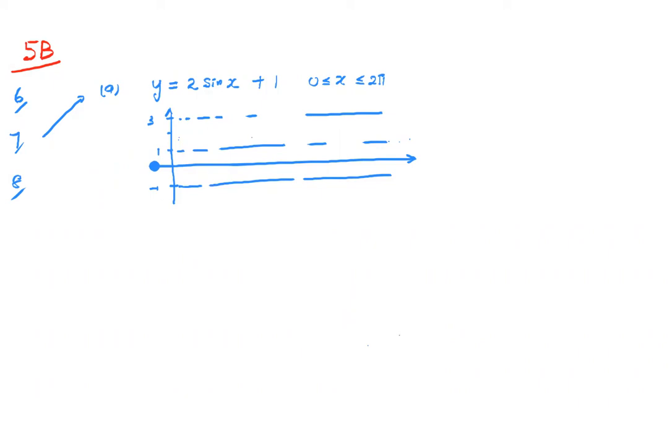It will go up from here, it comes here. Then you go down. Then you end here, correct? And here is your 2 pi.